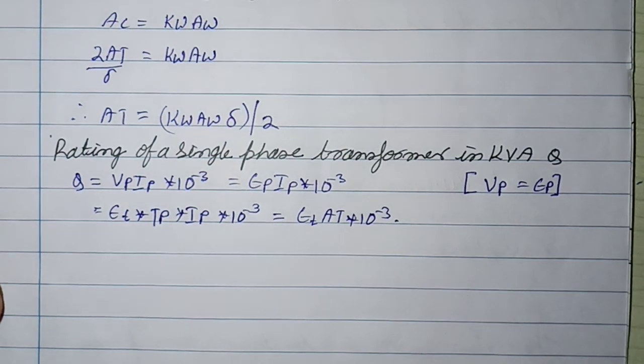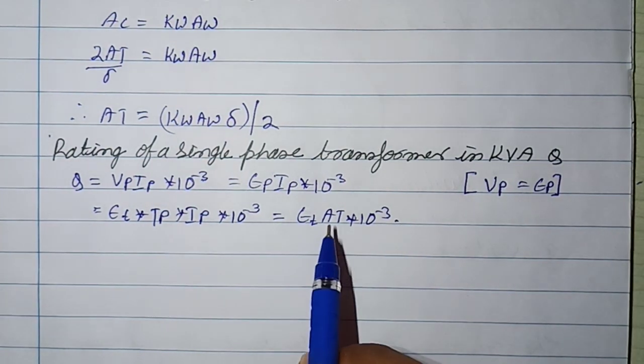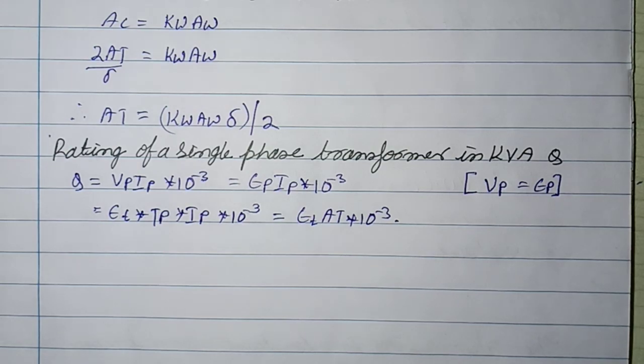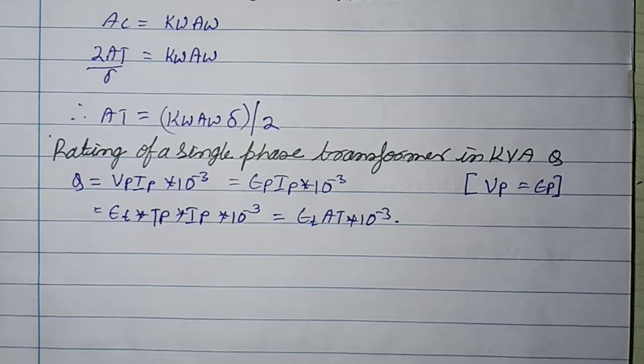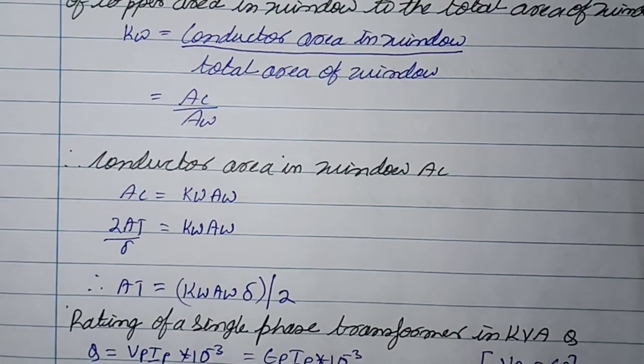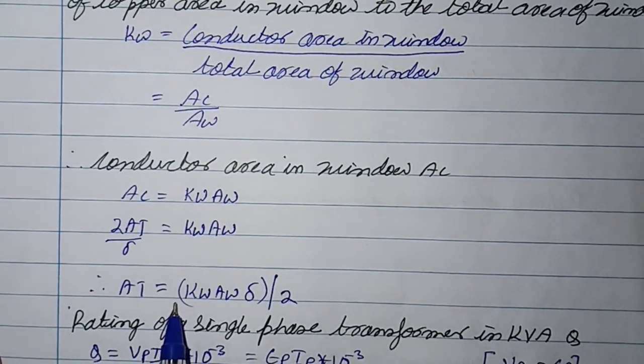Next we will be substituting for AT, for which we have the value: AT is equal to KW AW delta by 2.